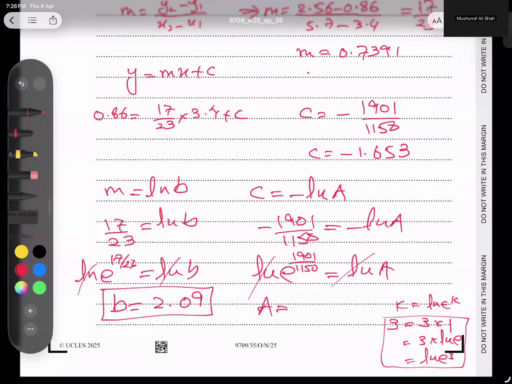Exponential to the power 1901 divided by 1150, and my answer turns out to be, hold on, exponential to the power 1.653, because it is creating a problem. And the answer turns out to be 5.22. This is my final answer for A and B.